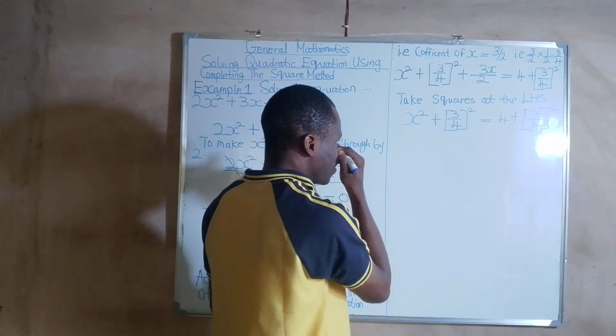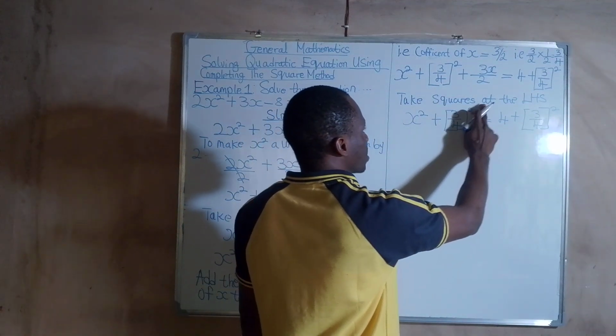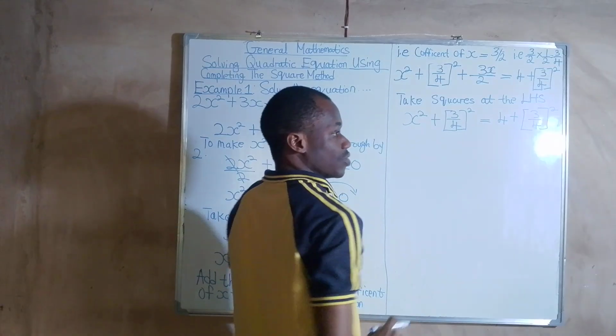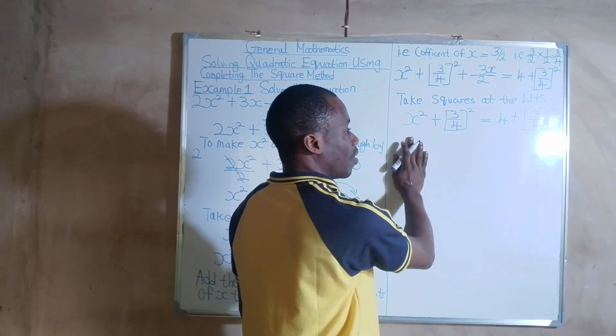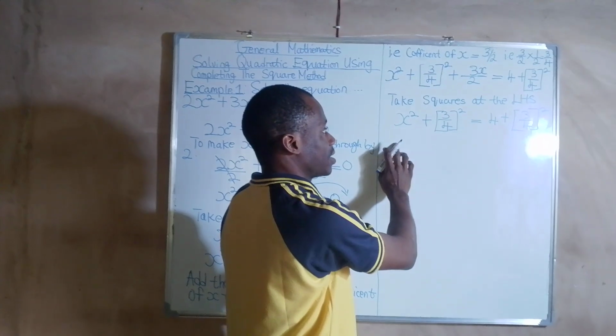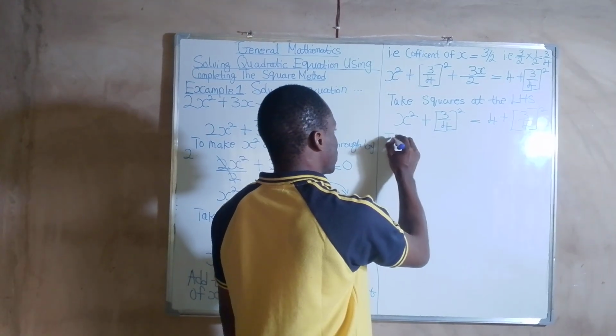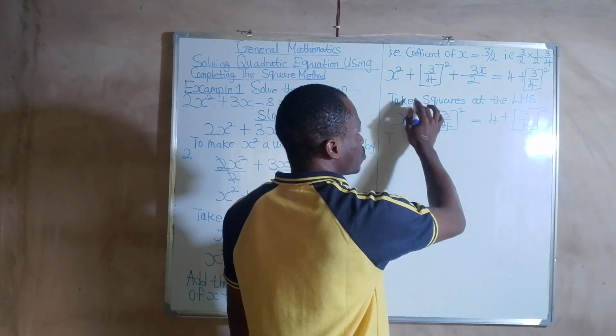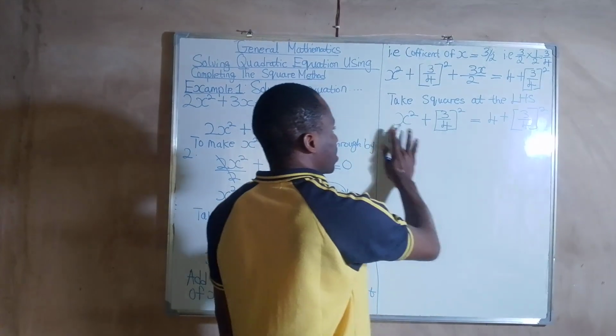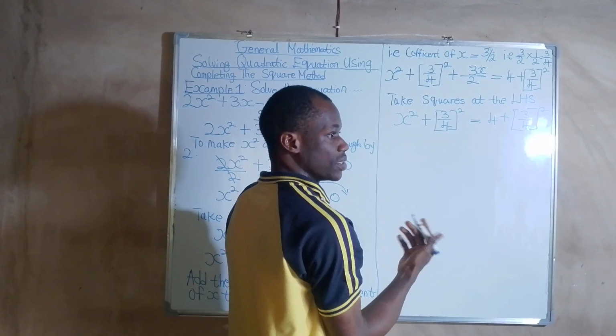Now, the next thing you now do, since you say take squares at the left hand side, you now also take the square root of the squares at the left hand side. Some people will still say take the square root. Take the square root of the squares at the left hand side to make your work easier than repeating the same statement.